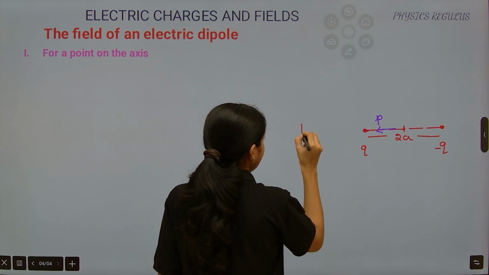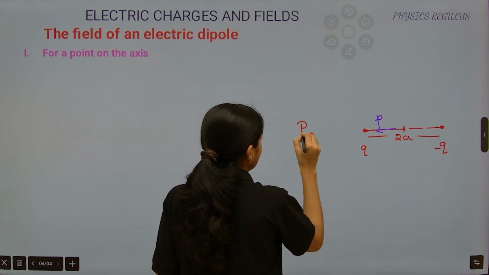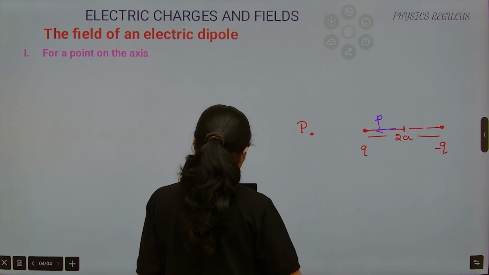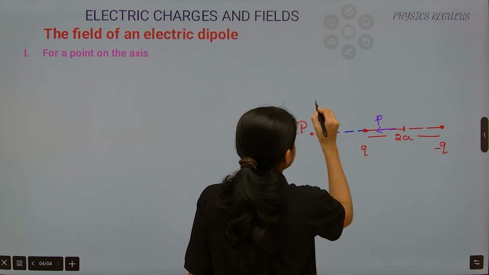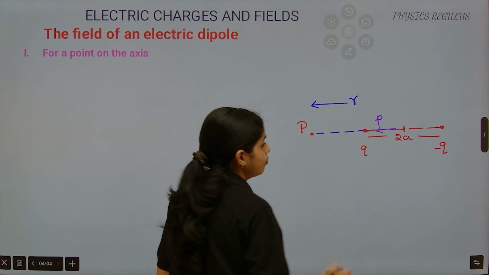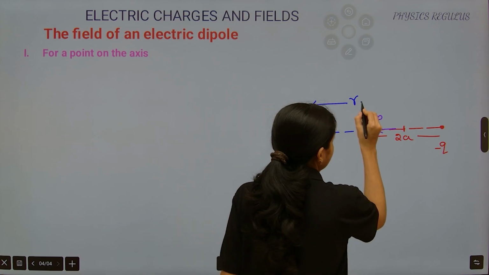Now point P is on the axis of the dipole. Let R be the distance between point P and the center of the dipole.